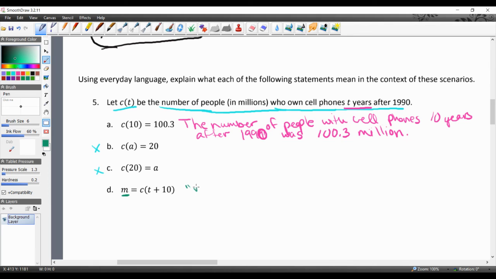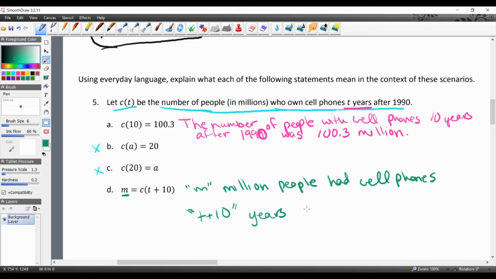We can say that m million people had cell phones t plus 10 years after 1990.